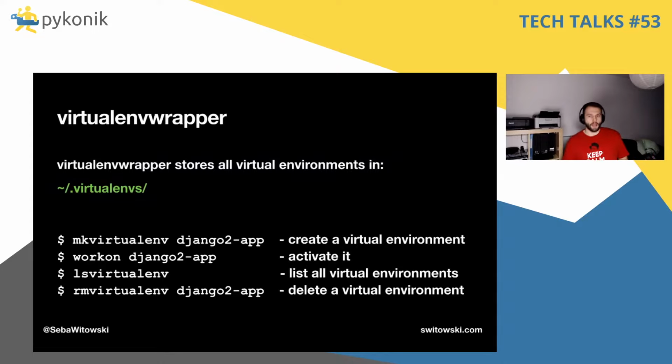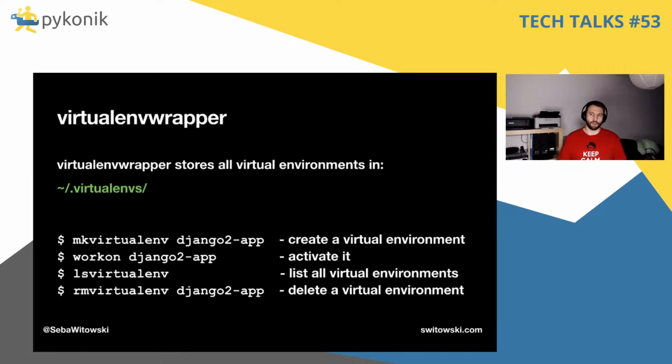Now, if you want to activate a virtual environment, you just have to call workon and the name of the environment. For example, workon django-todo-app. Again, you can call this command from any folder on your computer. And if you forget the name of an environment, you can get a list of all the existing ones by running lsvirtualenv.